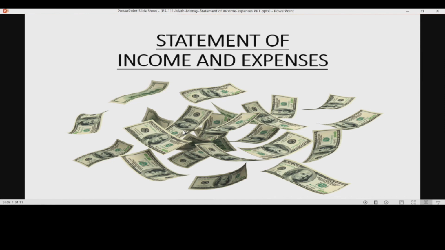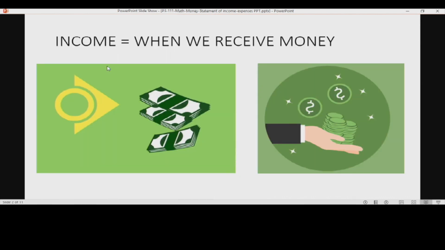Money. So income, when we receive money. For example, we've already thought about two examples. Money from parents, and salary.